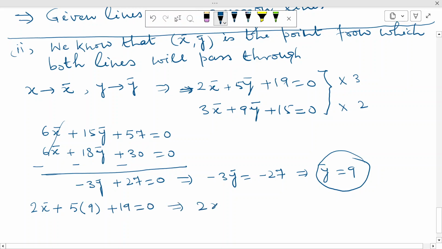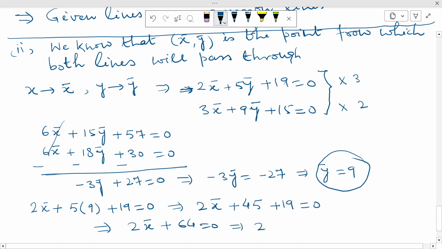So this gives us 2x bar plus 45 plus 19 is equal to 0, and this subsequently gives us 2x bar plus 64 is equal to 0.